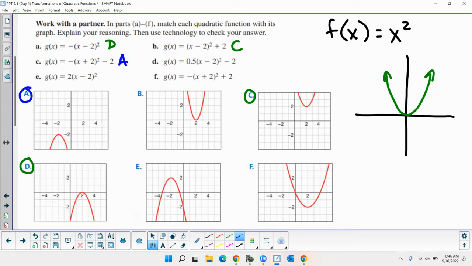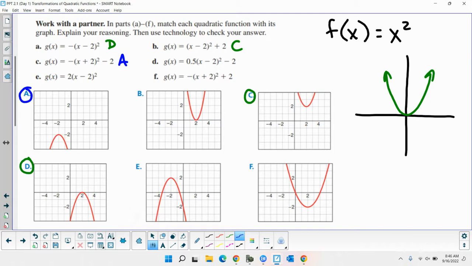And now we're at this one. The 0.5 out front, vertical stretch or compression, right? When we multiply by the whole thing. And then, since it's stretching it, it's making it skinnier, right?